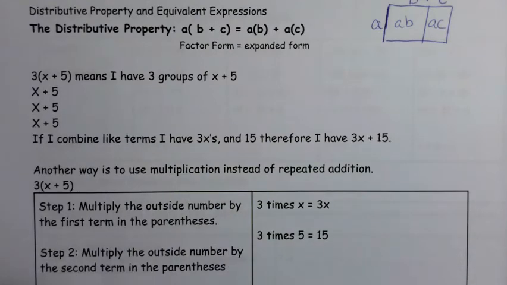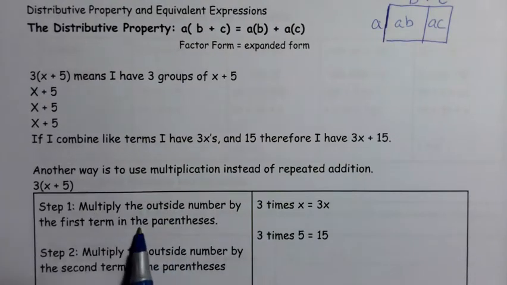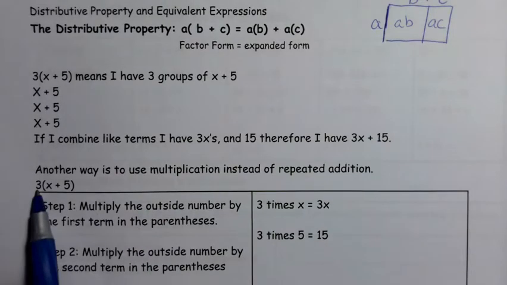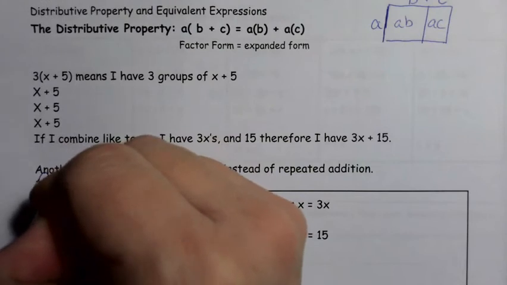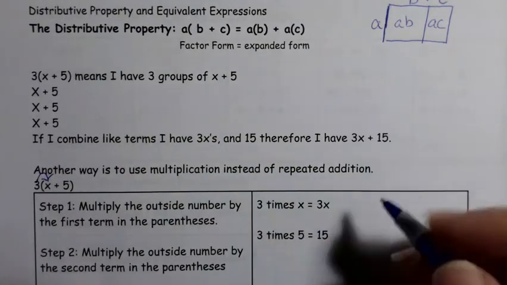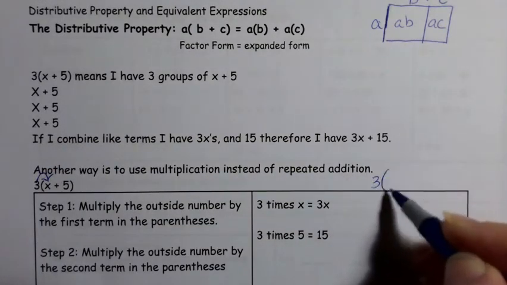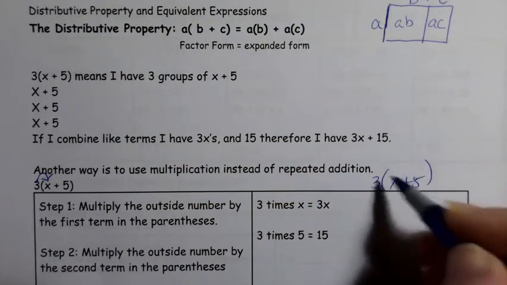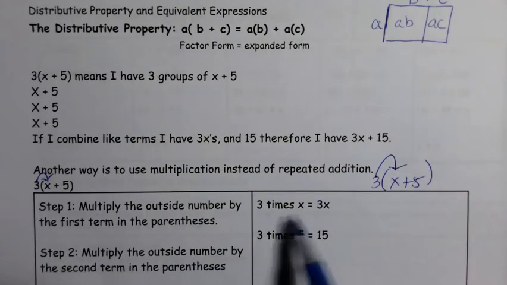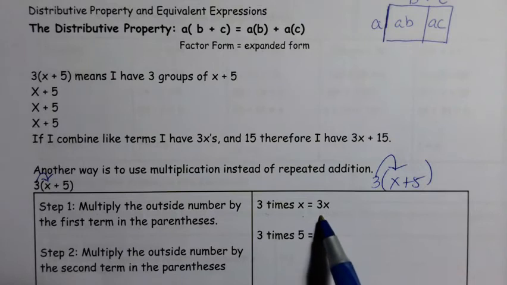Okay, I can also see this as multiply the outside number by the first term. So I'm going to take 3 and times it by x. So here I'm taking this and timesing it by x. So let me write it over here so we can see it right above. So I take 3, multiply it by x, and I get 3x.